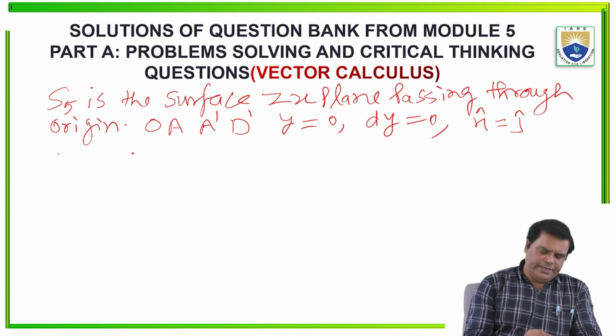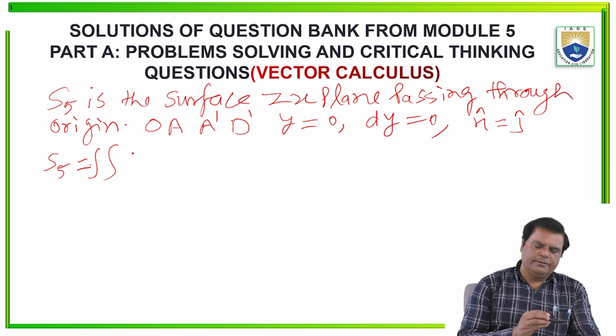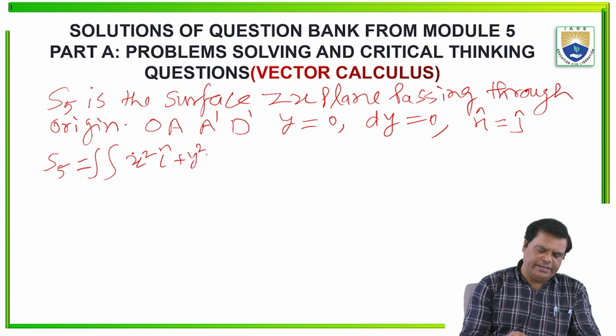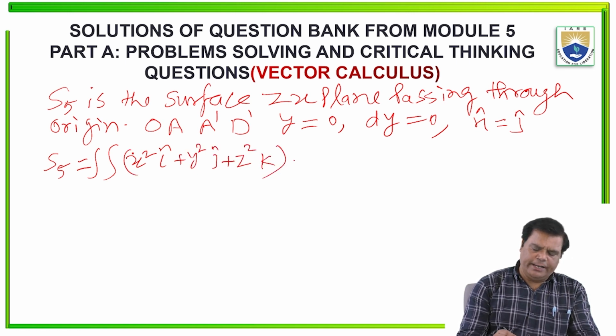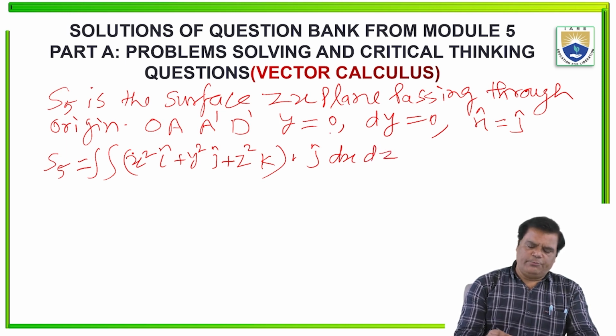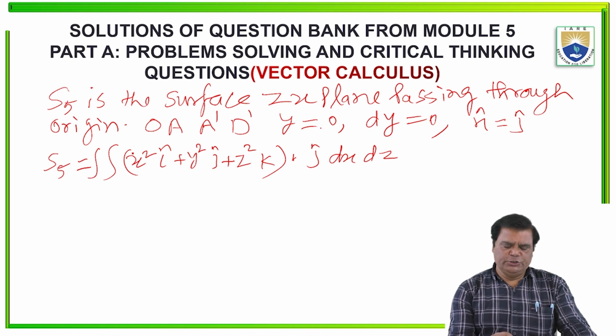So now the double integration over S5 means x square i plus y square j plus z square k dot n, n dot means dot j, and here dx and dz. Now y equals 0.